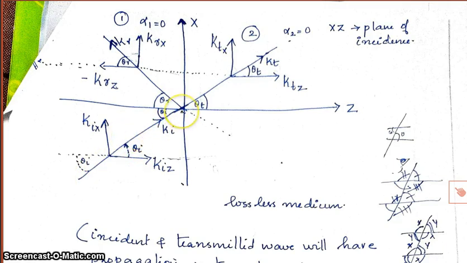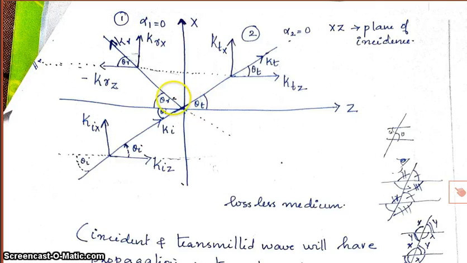Ki is the propagation vector and it is getting reflected. Kr is the propagation vector of the reflected wave and it is getting transmitted, where kt is the propagation vector of the transmitted wave. And theta i, theta r, theta t are the angles which these three vectors make with respect to your z plane.